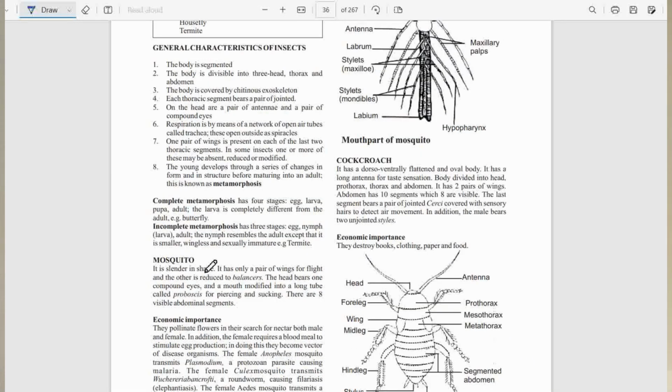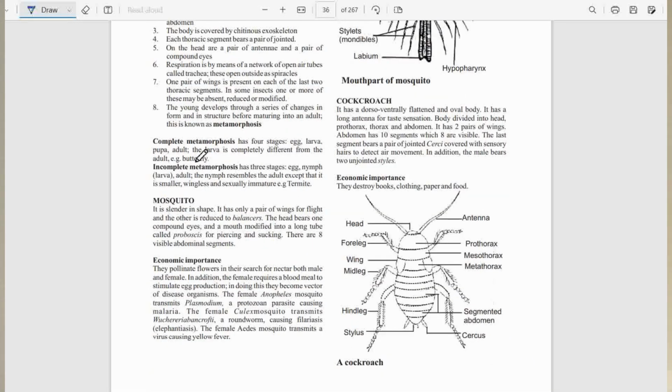Now, another unique thing you should know about insects is their process of metamorphosis, which could be complete or incomplete metamorphosis. So for complete metamorphosis, there are 4 stages.